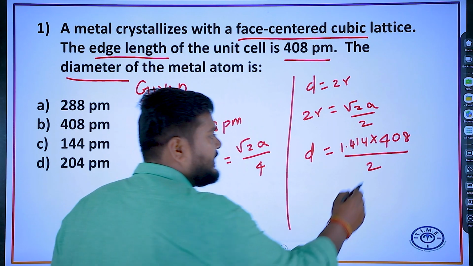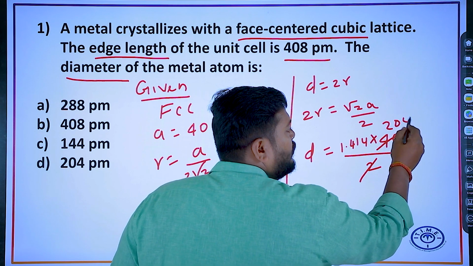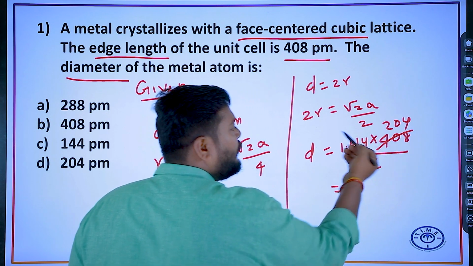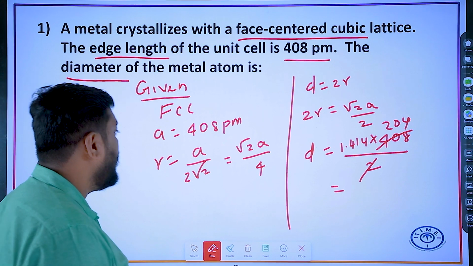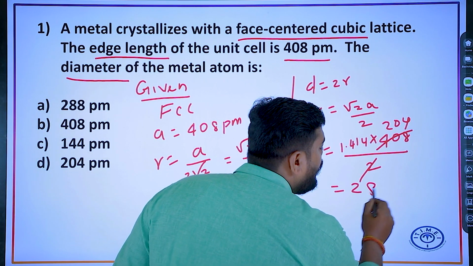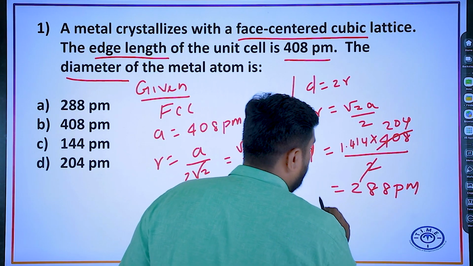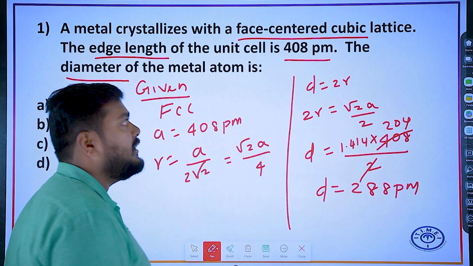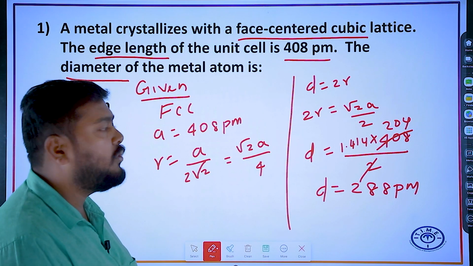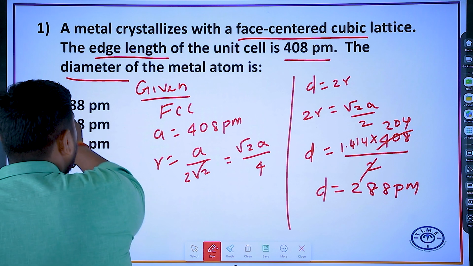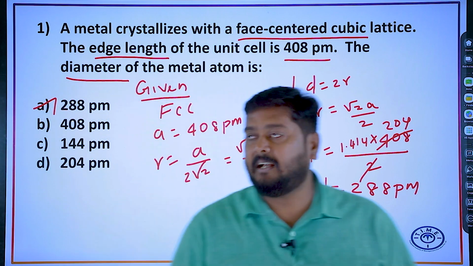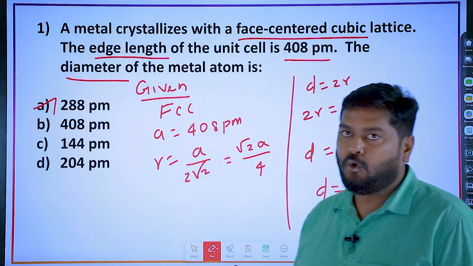If you cancel this, you get 204. If you multiply 204 into 1.414, you will get 288 picometer. So the diameter of the crystal with an edge length of 408 picometer will be 288 picometer.